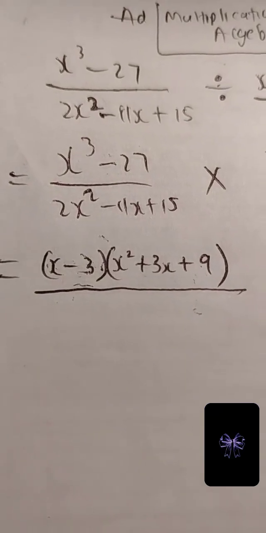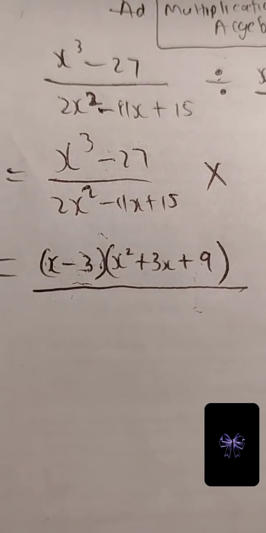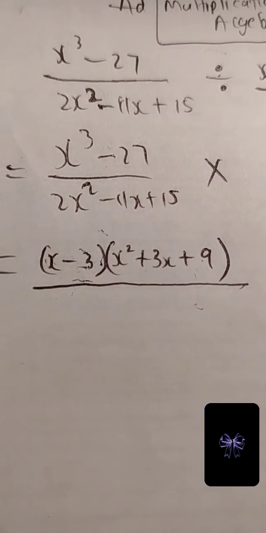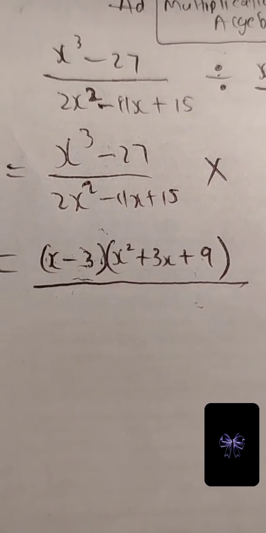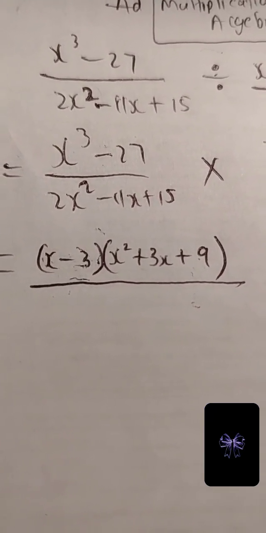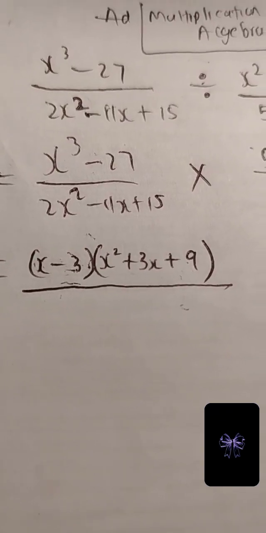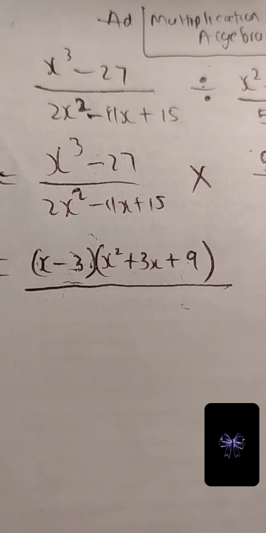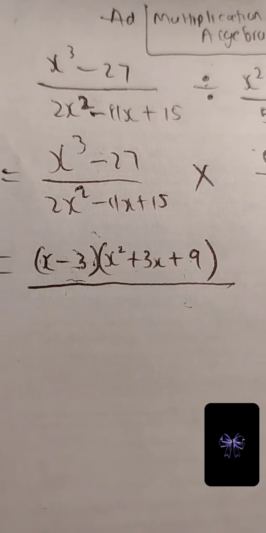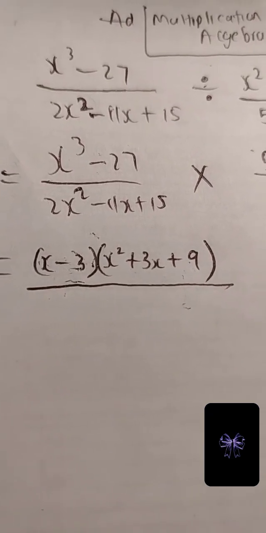Okay, what are those factors then? The factors are 5 and 6. Awesome. They are definitely 5 and 6.